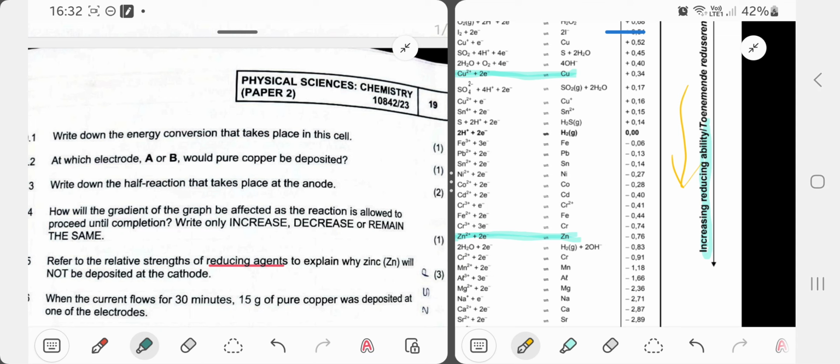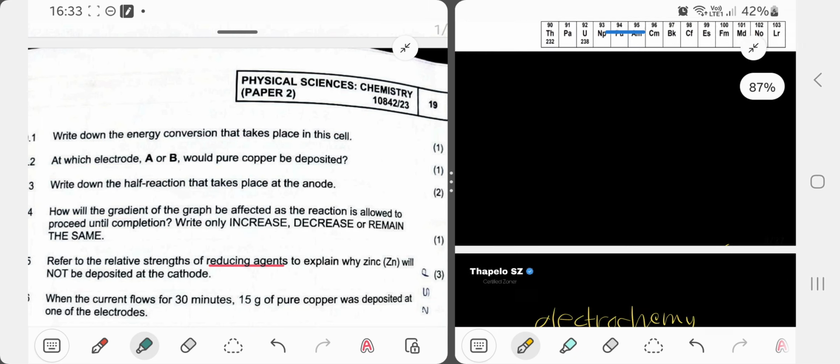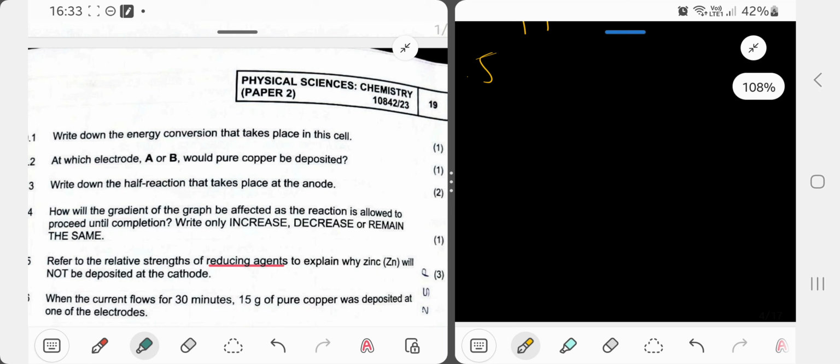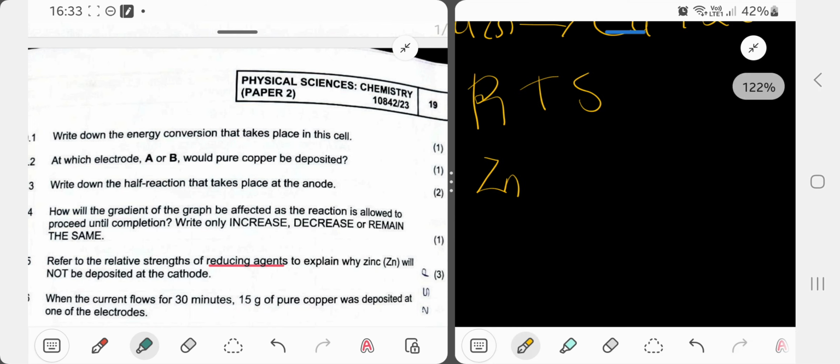The reducing agent is the one that is going to be oxidized. Now we can see that zinc is at the bottom, so zinc has a stronger reducing ability. We can just write that down: Zn, stronger reducing ability.